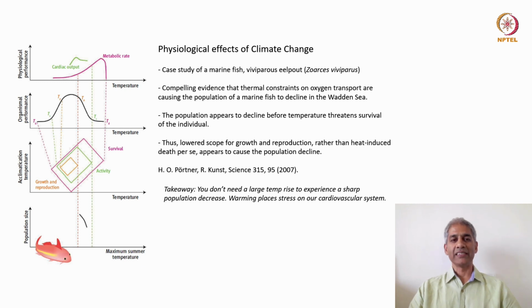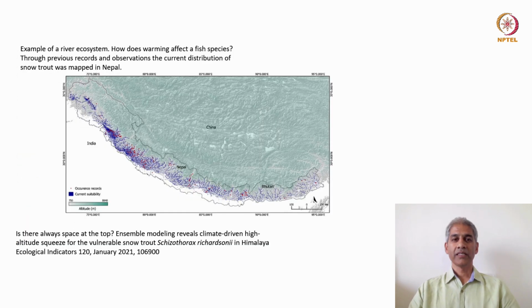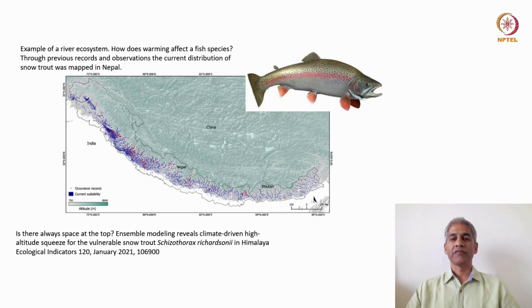And we are actually seeing this even within humans, because warming also places a large stress on our cardiovascular system, and you see heat-related deaths increasing in the summer globally. The same point is made here for another study, which was for a Himalayan species, the snow trout, where they looked at the distribution of this fish in rivers across Nepal, and then tried to model what would happen under various warming scenarios.